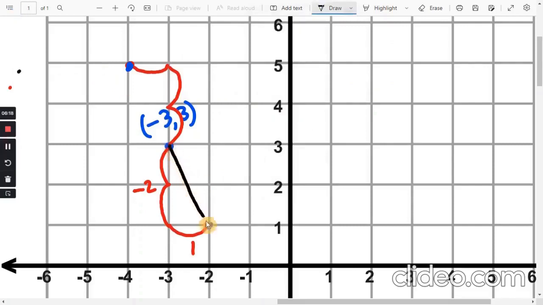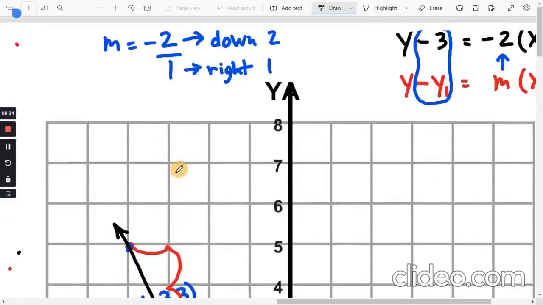Connect these 2 right here, and the line keeps going, and I'm going to connect these 2 right here. And the line keeps going forever. So that's it. You just find the starting point and then you apply the slope. -2 over 1 is the same as 2 over -1. That's the same thing, so that's why you can reverse this.